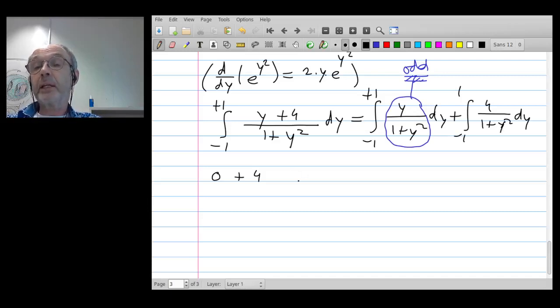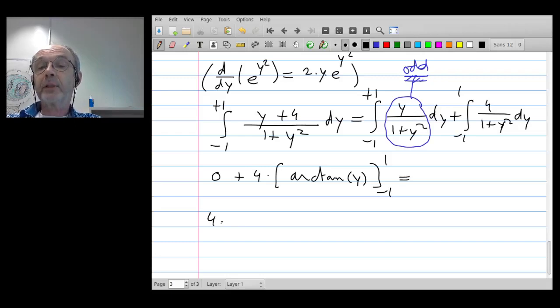That gives me the derivative of the arctangent of y. So you have here 4 times the arctangent of y between -1 and 1. And so we get out of it 4 times the arctangent of 1 minus 4 times the arctangent of -1.